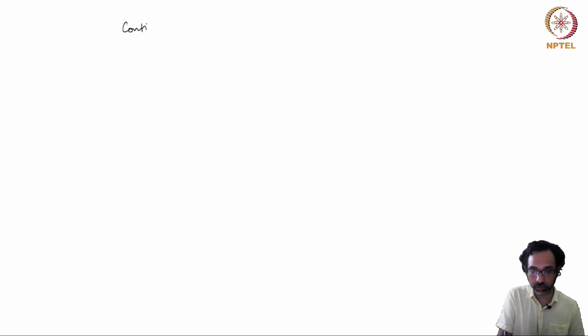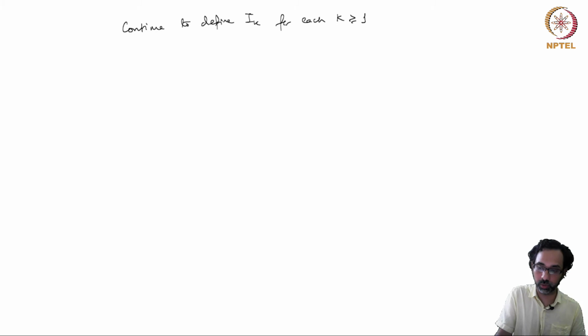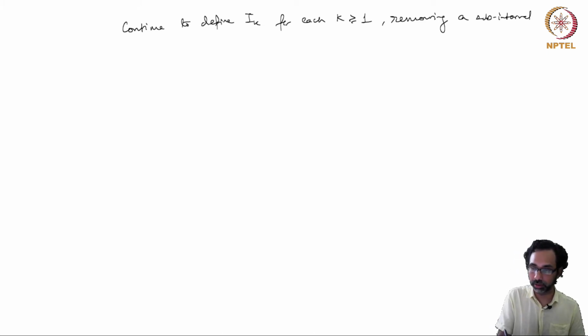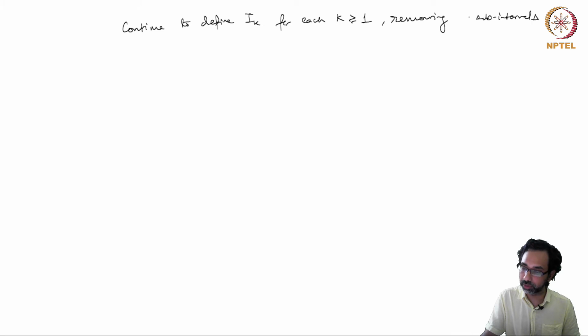So continue to define Ik for each k greater than or equal to 1, removing subintervals. So in total at the kth stage you will have 2 to the power k minus 1 subintervals that are being removed.